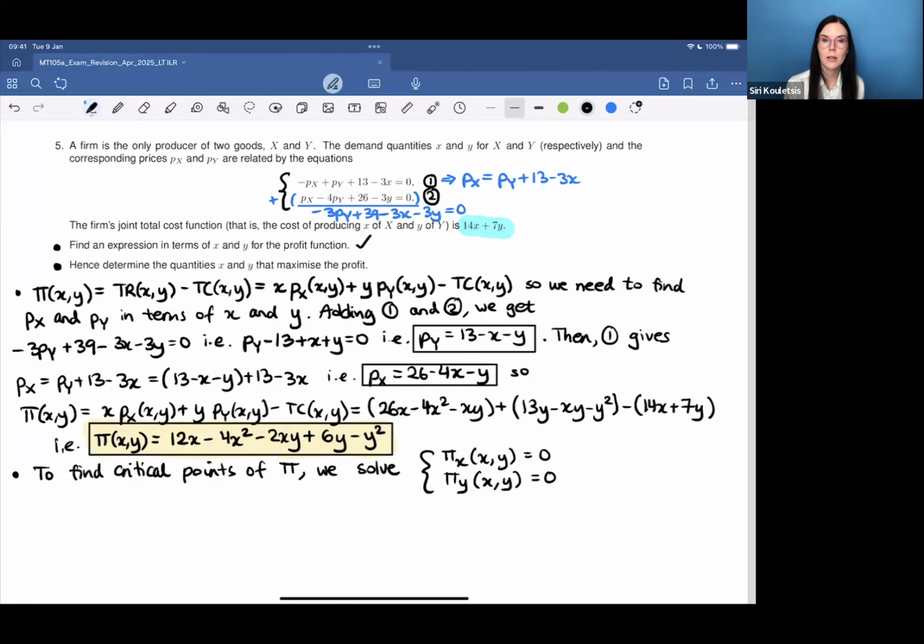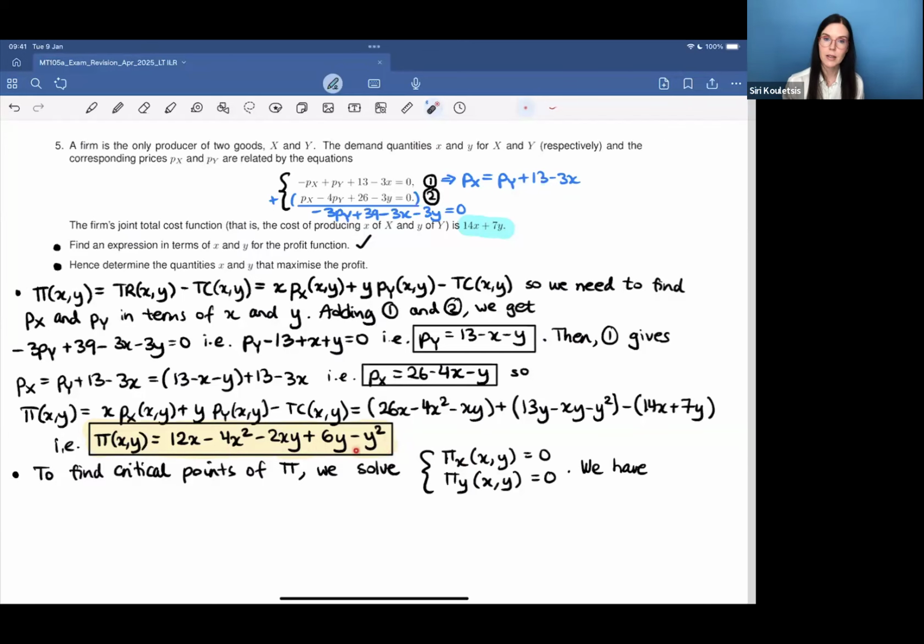And so the first thing we do then is to find these partial derivatives. Now, partially differentiating the profit function with respect to x, remember that we treat y as a constant.